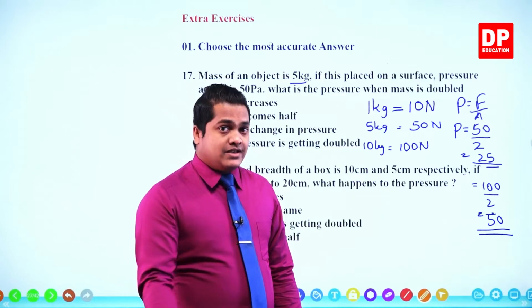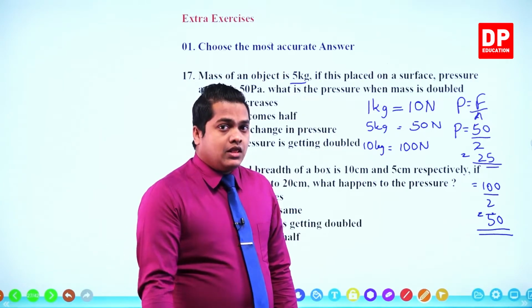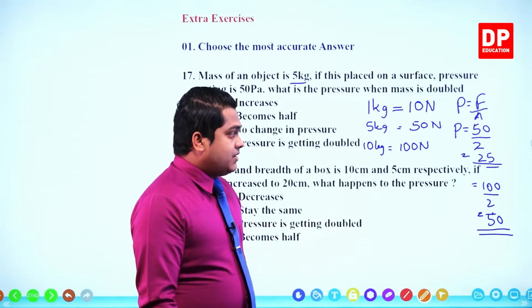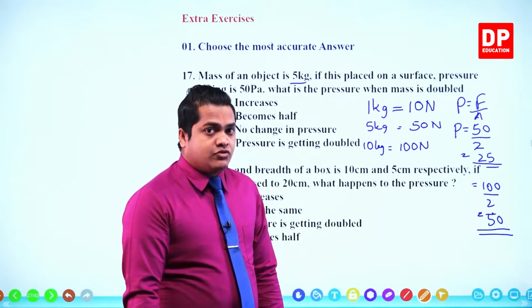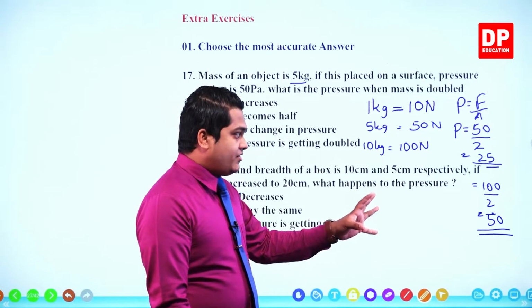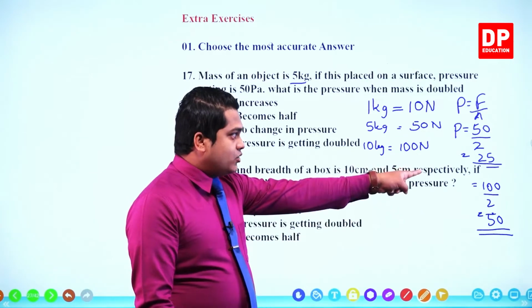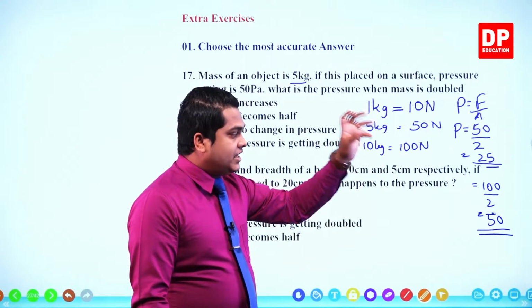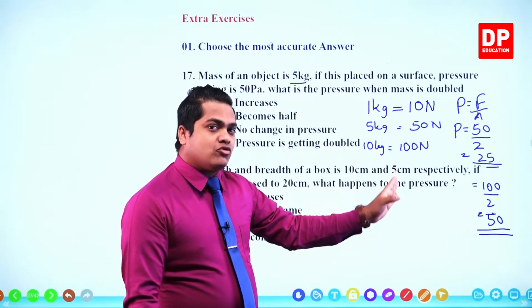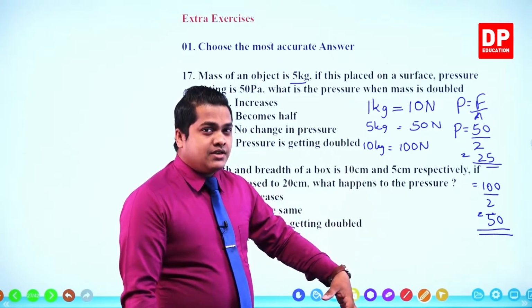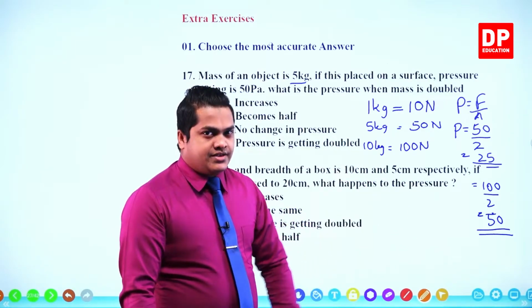Because when doubling the mass, weight is also going to double. So the new answer becomes 100 Newtons. When you divide 100 by 2 units, the pressure becomes 50 units. Earlier 25, now it's 50. You can clearly see that the pressure is getting doubled upon increase in the weight.